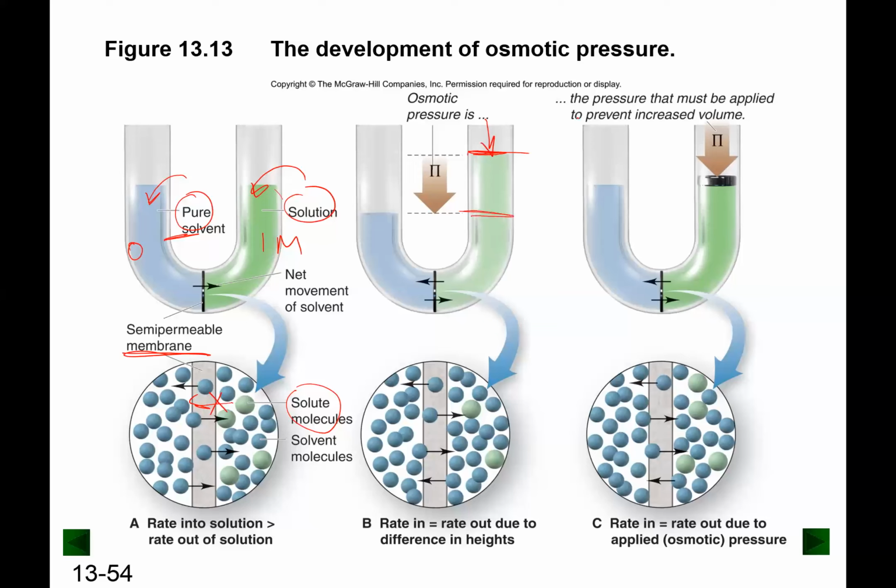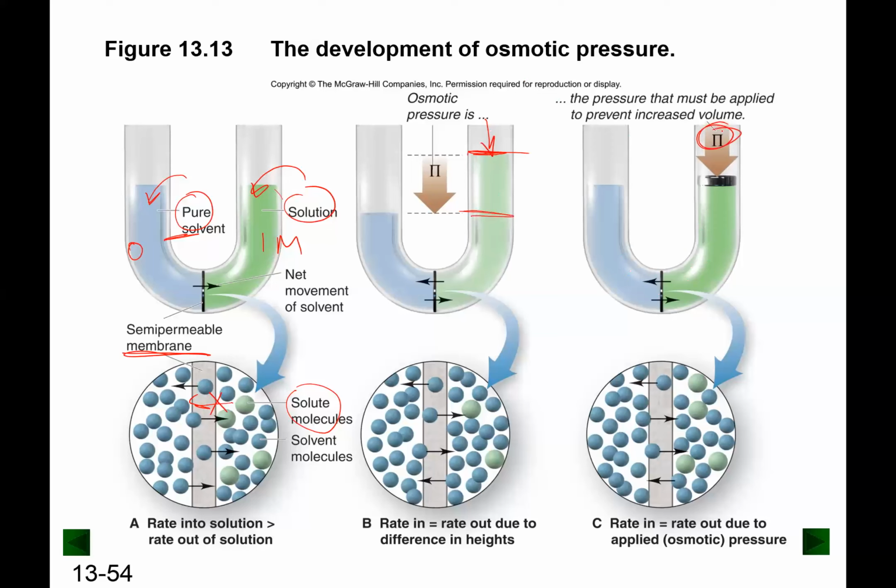The force that it would take to do this is called the osmotic pressure. So the force required to push this down is the osmotic pressure. We would be forcing solvent to go back through here, and then we could measure it in that way.